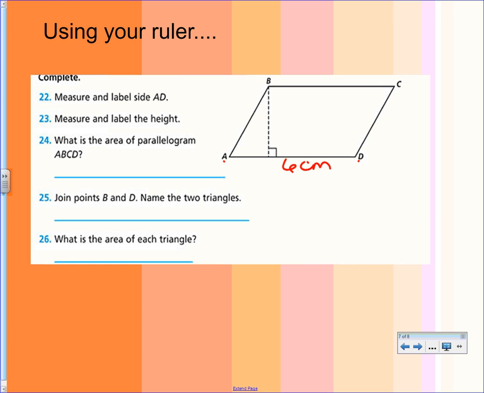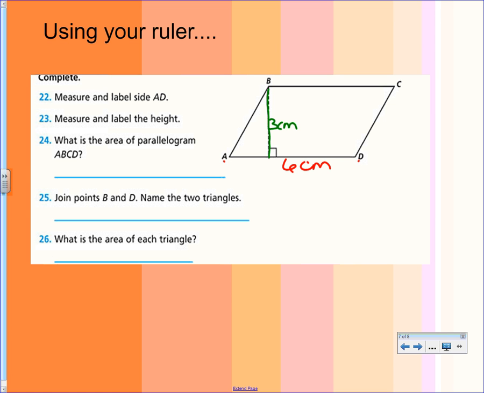Then you're going to measure and label your height, which this is your height. I'm going to put in green. So you're going to go from B down to here, and that should be 3 centimeters, I believe. 3 centimeters.